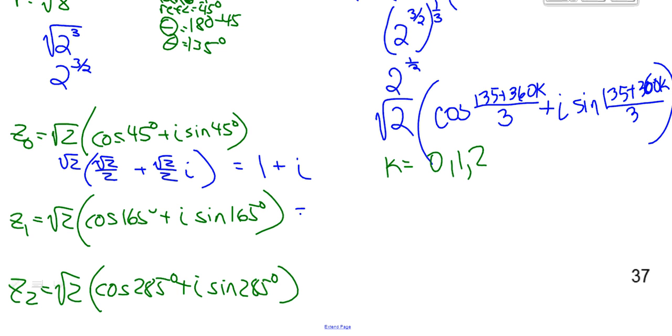The other two we just have to use a calculator for. It looks like I rounded to 4 decimal places. So what's the square root of 2 times cosine of 165? In degrees. Make sure your calculator is in degrees.